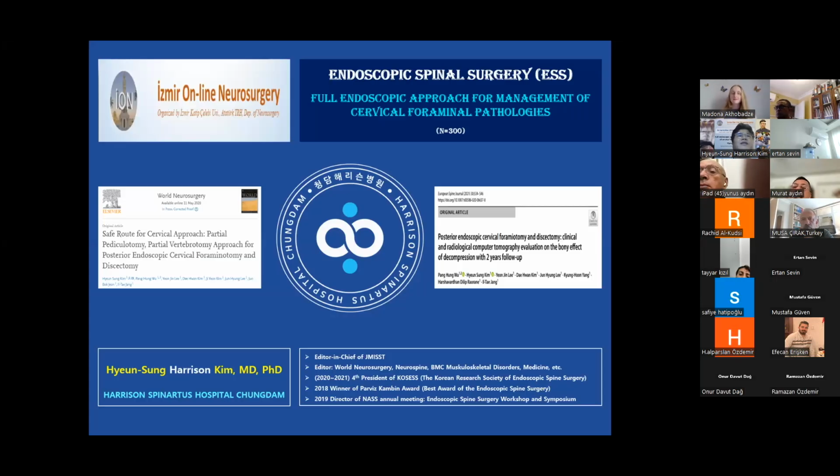I named it the partial pediculotomy, partial vertebrotomy technique. Nowadays many endoscopic surgeons doing the posterior approach use this partial pediculotomy and partial vertebrotomy approach. I recommend these two papers as the basis for today's lecture.